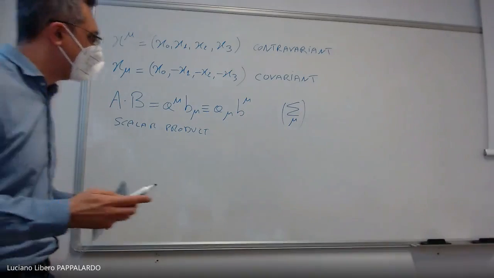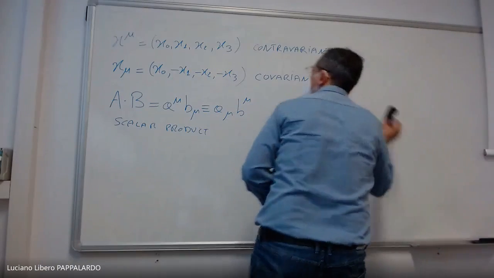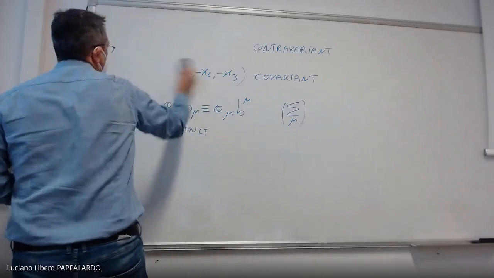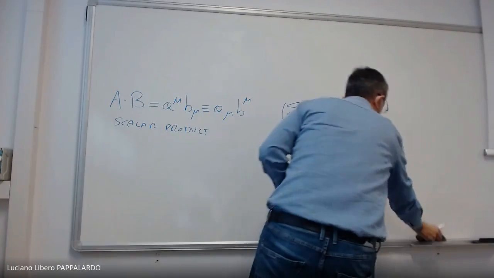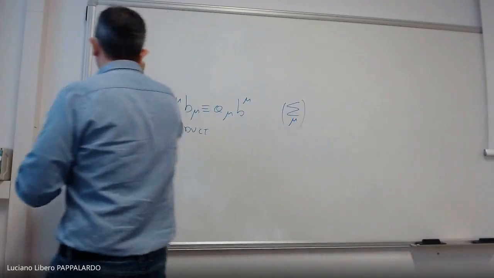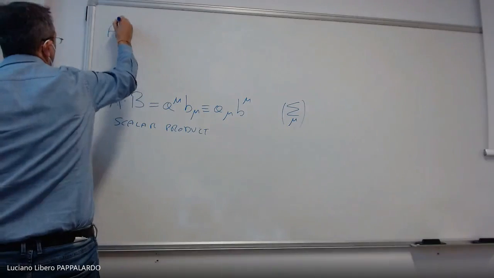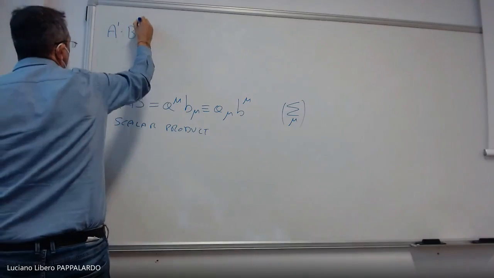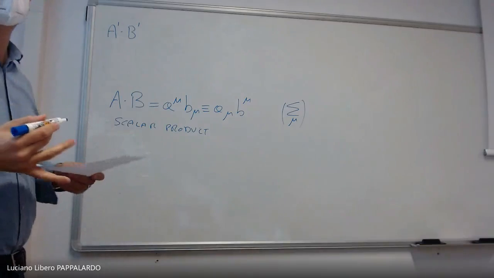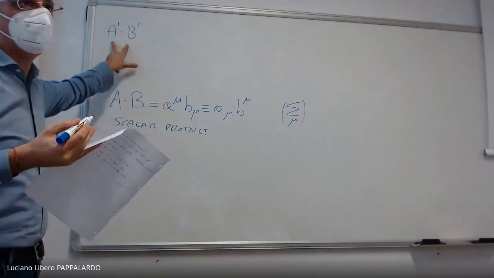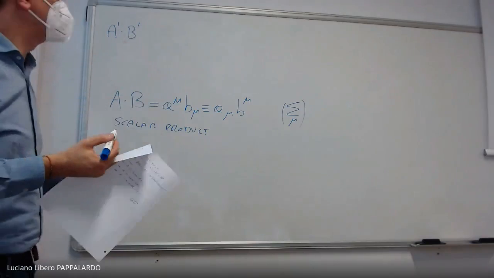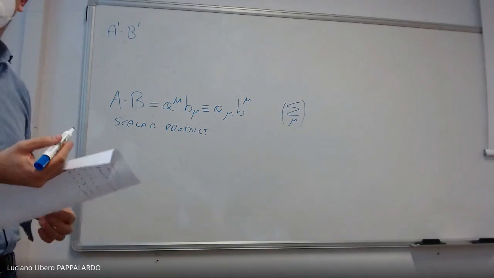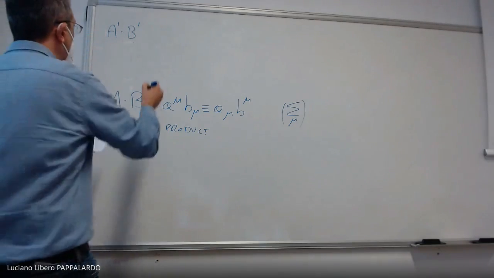Let me just start the proof, and then you will continue the proof yourself. So suppose now we work in the primed frame, so A prime times B prime. We want to calculate the scalar product in the primed reference frame, knowing the components of A and B in the primed reference frame.